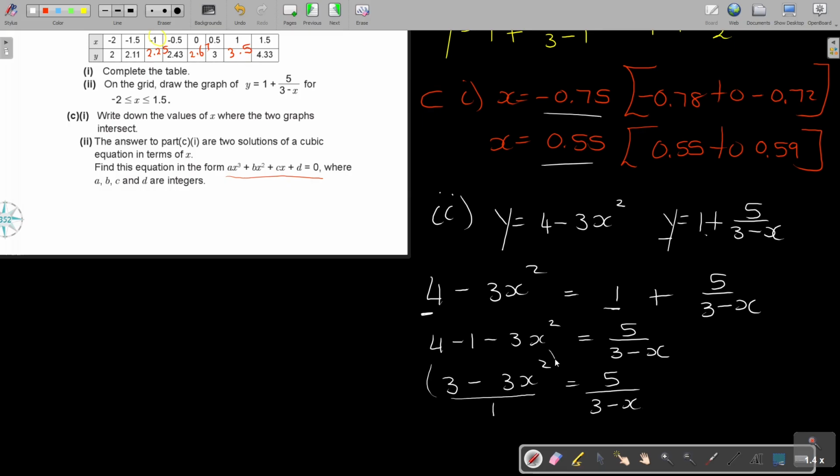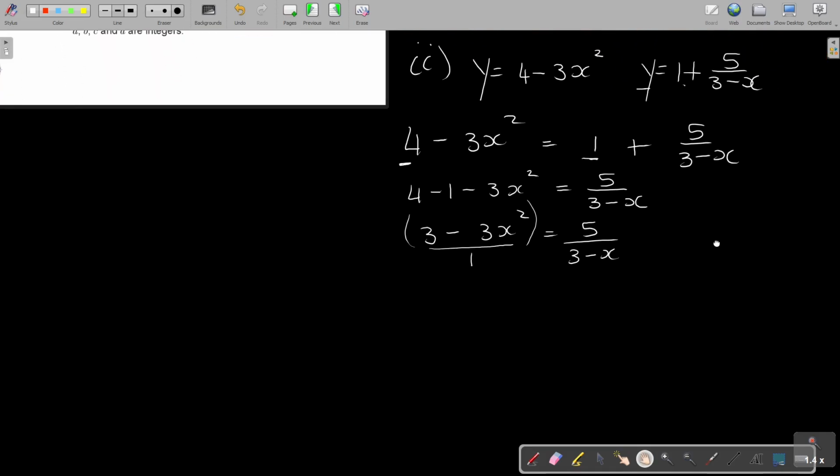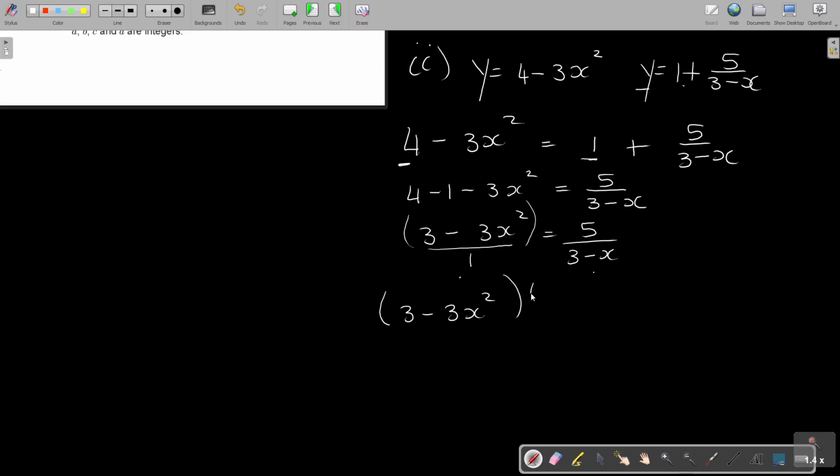I put brackets. So basically what I did is I created one term equals one term. And now I have (3 minus 3x squared)(3 minus x) equals 5.